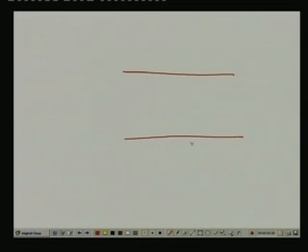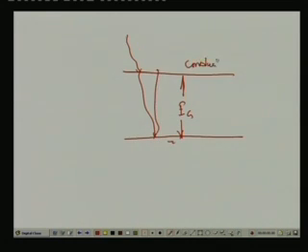When the light falls, some of the electrons come here. This is the forbidden gap energy Eg. So this amount of energy must be supplied so that the electron will come to the conduction band. This is the conduction band, and this is our forbidden gap energy.